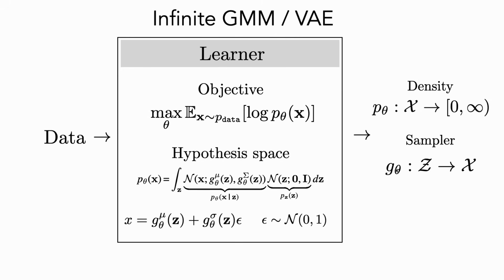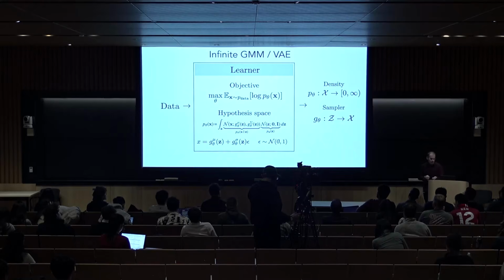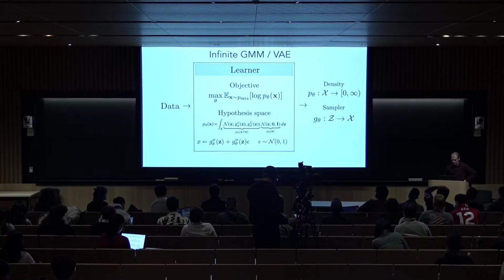So I will take my z, and I will have my neural network predict what is the mean of the mixture component, and then I will take a sample with some variance by multiplying my variance by a unit Gaussian. This is just a way to sample from a Gaussian whose mean is g of mu and whose variance is g of sigma by transforming a sample from a unit Gaussian. So x will be distributed as a normal distribution whose mean is g of mu and whose variance is g of sigma.